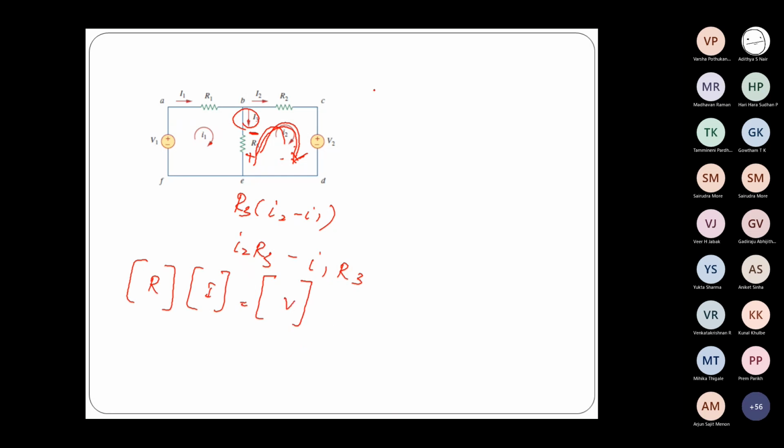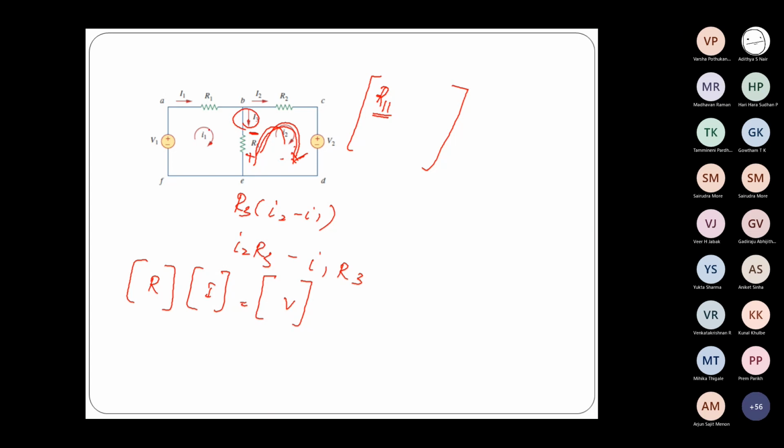Okay, so now here, this R matrix, I am going to expand as, if suppose I have 3 loops. If suppose this is for 2 loops, maybe I'll write for 2 loops, then I'll extend it for 3 loops. For this, the first element is going to be R11. This is nothing but self resistance for loop 1.